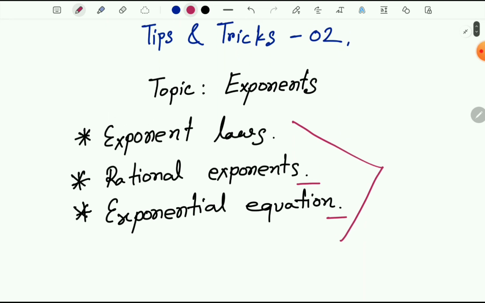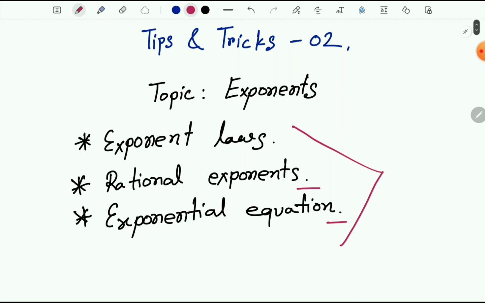Second, I want to say that this tutorial series is basically focused on TOLC-E, TOLC-F.